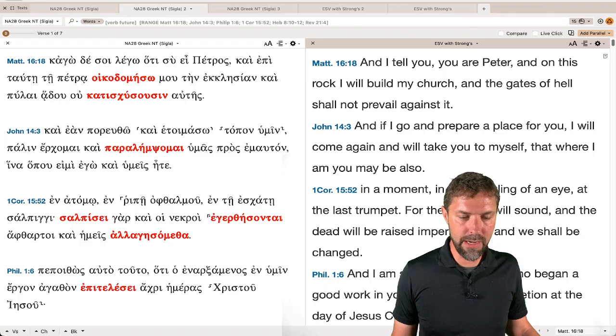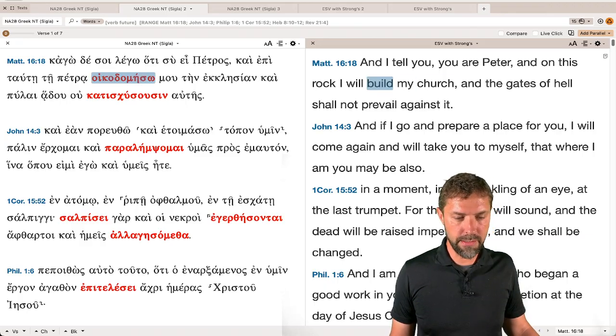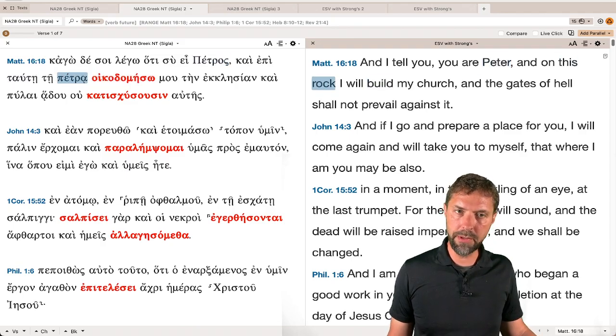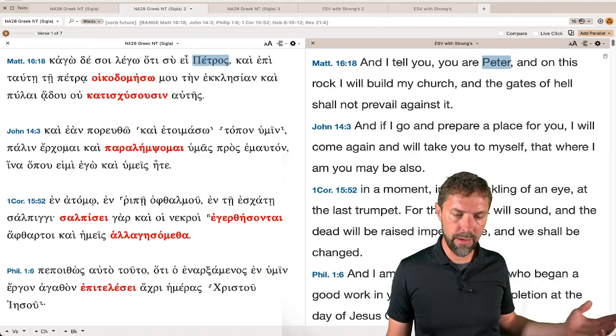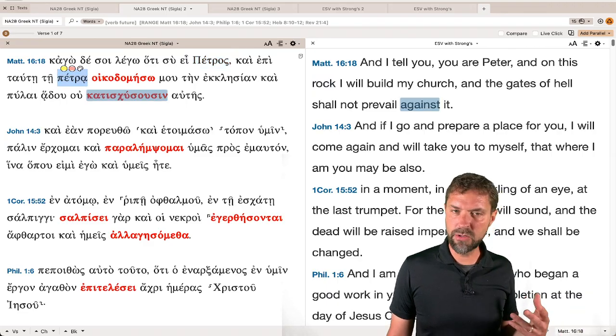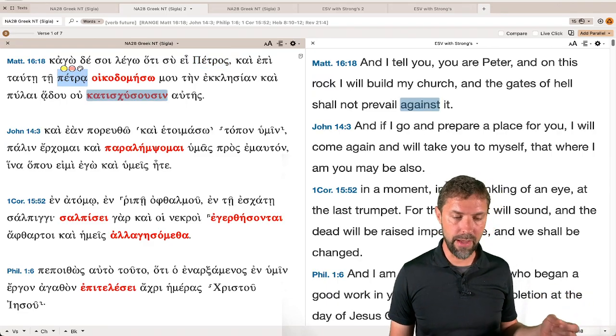Here, Matthew 16:18, I've just cherry-picked some of the really big passages, but Jesus makes the comment, and I say to you that you are Peter, and upon this rock, Petra, you could probably recognize that. So he's making a pun, Petros, and upon this Petra, sometimes you get like petroglyphs or petrograms.